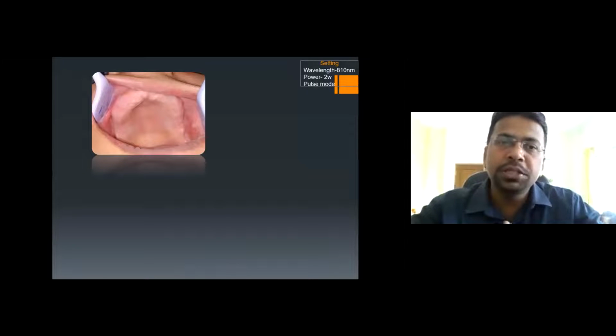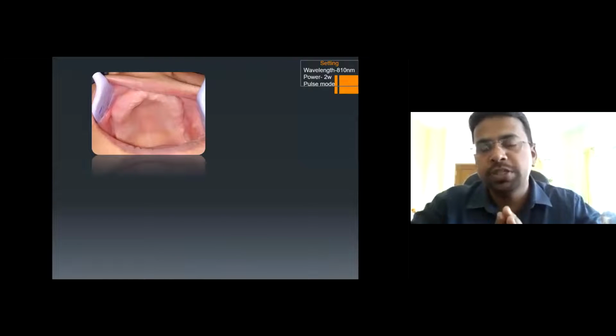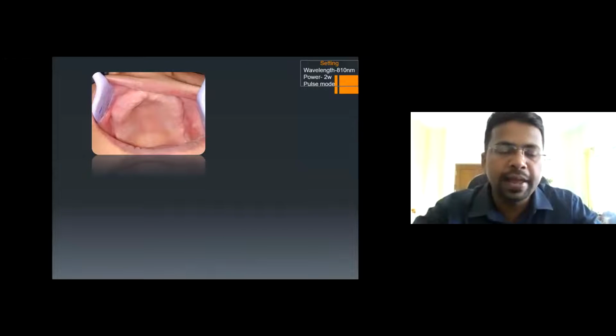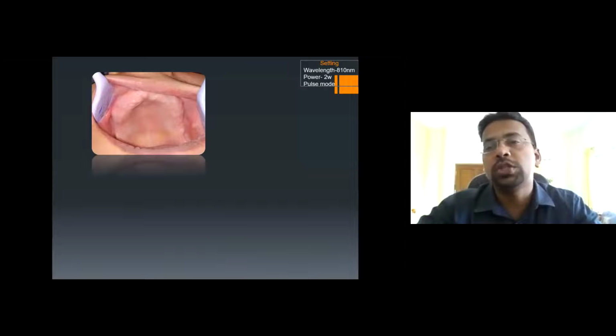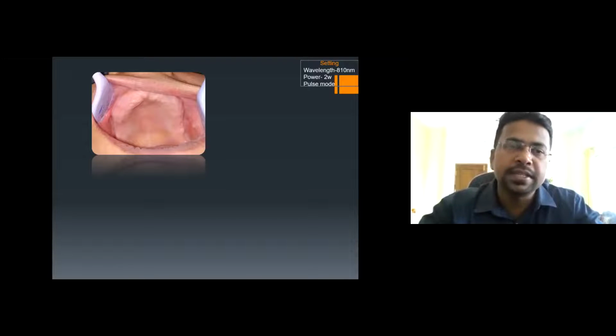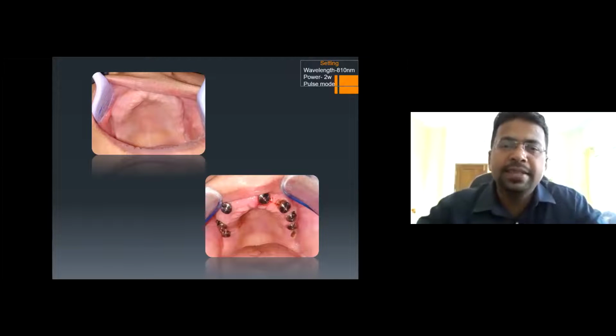In multiple implants, you have to expose the full arch, right? And exposing a full arch, reflecting a full flap will lead to bone loss. So in such cases, laser is a good option to perform the second stage surgery. This is a pre-operative photograph, and this is an immediate post-operative photograph with no reflection of flap.